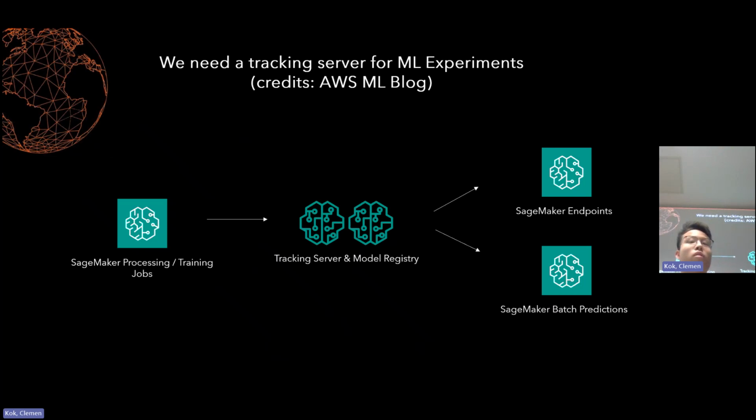Subsequently, we want to deploy onto SageMaker endpoints or SageMaker batch predictions, which allow us to perform different inference styles. Previously I mentioned that you have real-time and you have batch. So based on the purpose of your deployment, you use different deployment styles, either batch or endpoints.